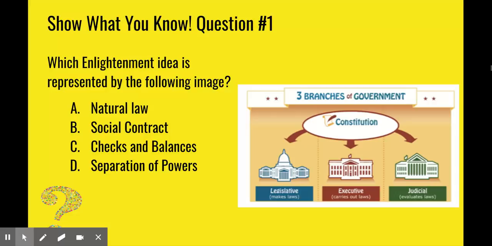Show what you know with these multiple choice questions. Question 1 asks, which Enlightenment idea is represented by the following image? Is it A, natural law, B, social contract, C, checks and balances, or D, separation of powers?